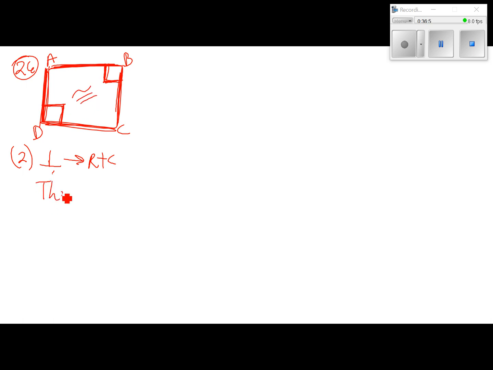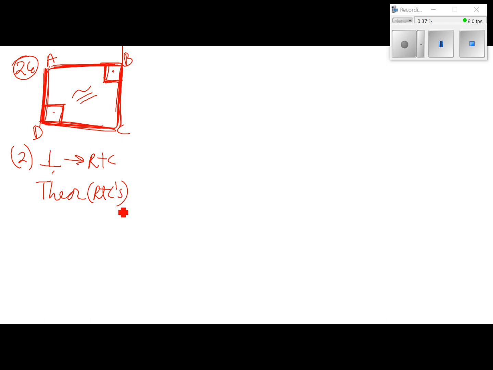So somewhere we're going to use that theorem to say this angle and this angle are congruent. And this one we can name just angle B, because that's the only angle that has its vertex at B. And we can name this one angle D to make it easier on ourselves, because that's the only one that has a vertex there at D. So we're going to use that theorem about right angles.